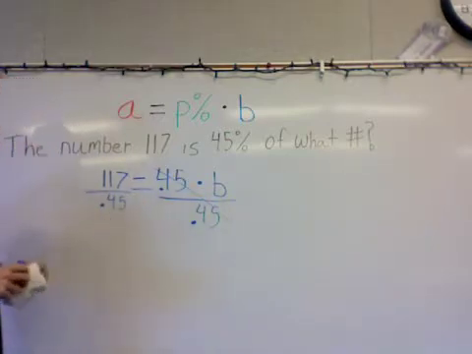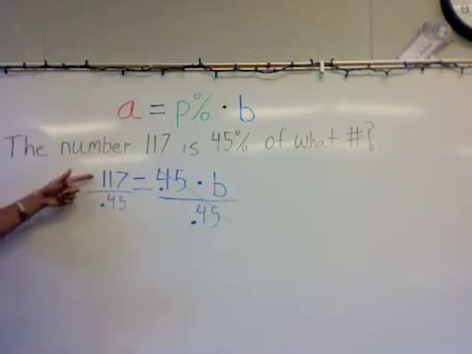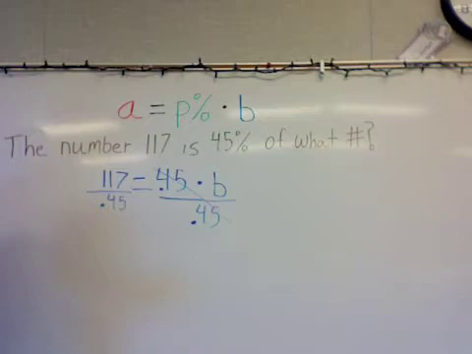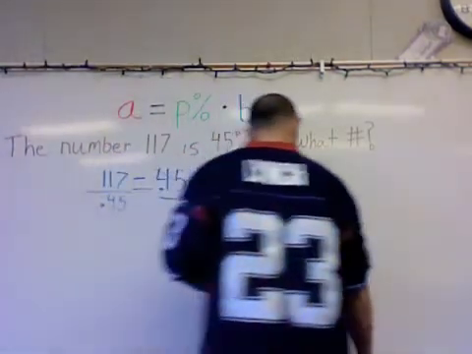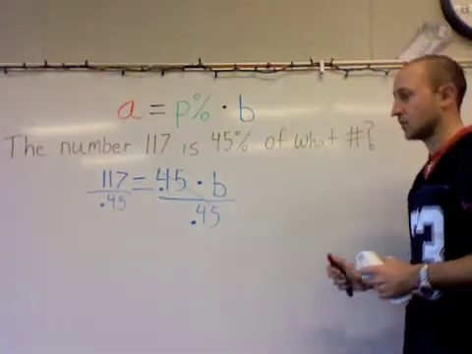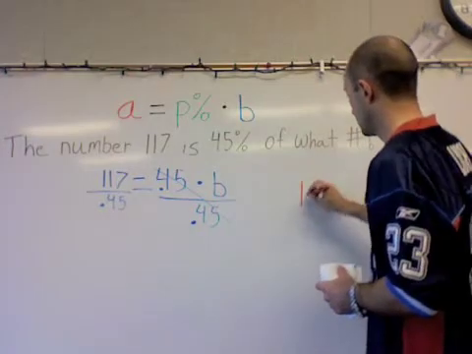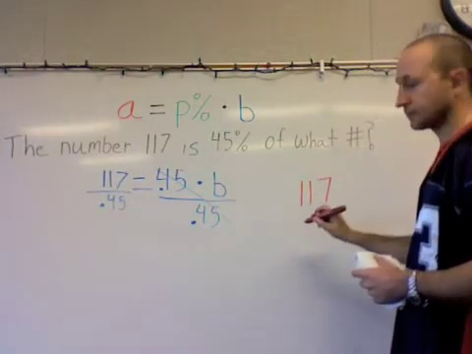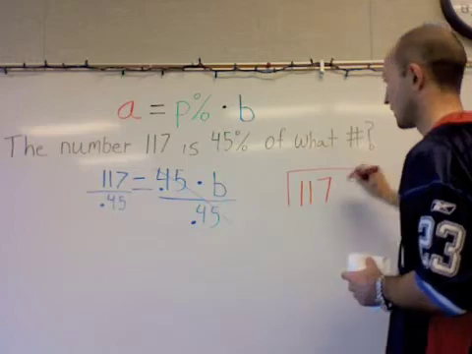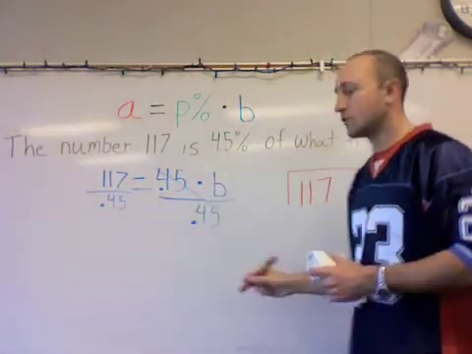So now in order to finish this problem, I have to take 117 and divide it by 45/100ths. We'll move over this way and set that problem up here. There's our 100. I want to divide by 45/100ths.